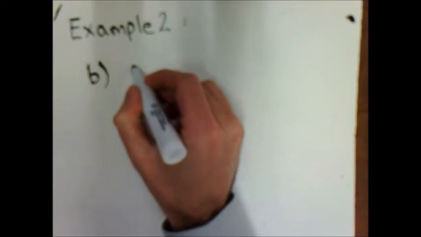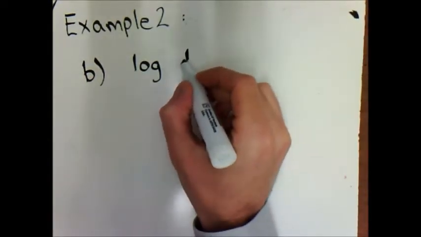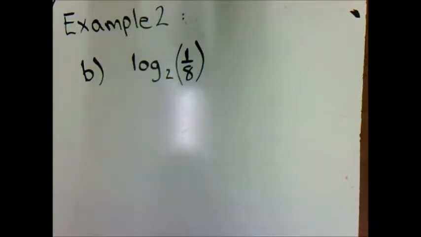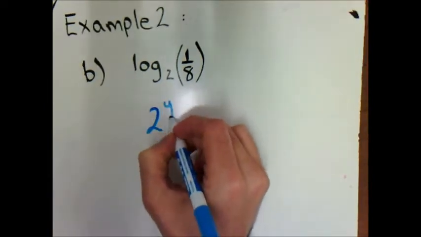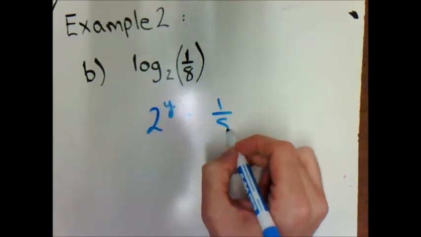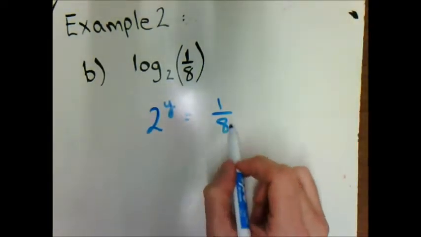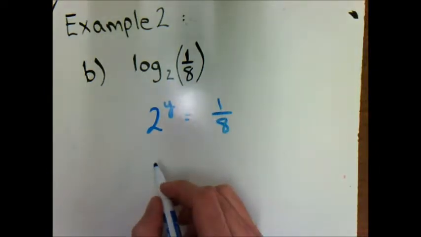B says that we're going to evaluate the log of 1 over 8 to the base of 2. So what exponent is necessary to bring this base 2 to equal 1 over 8? Well, I have a little clue here. The 8, I know 2 to the power of 3 equals 8, but now I have 1 over 8.